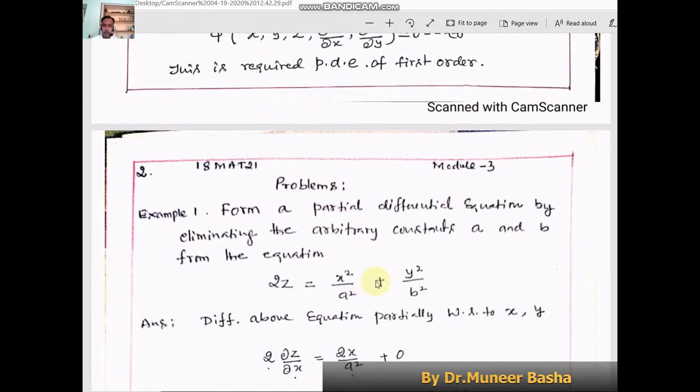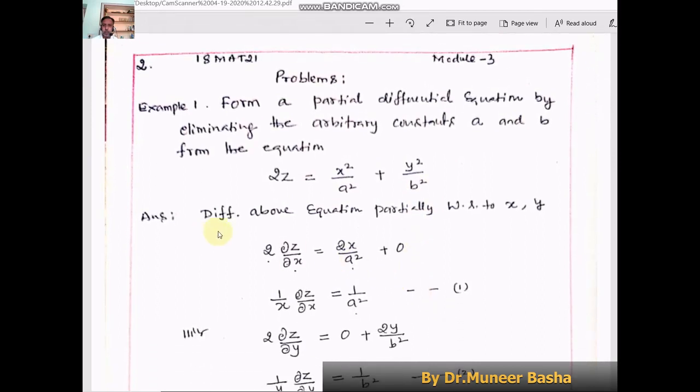And let us work out some examples of how to formulate partial differential equations by the elimination of arbitrary constants. Example 1: form a partial differential equation by eliminating the arbitrary constants a and b from the equation 2z = x²/a² + y²/b². That is the question.